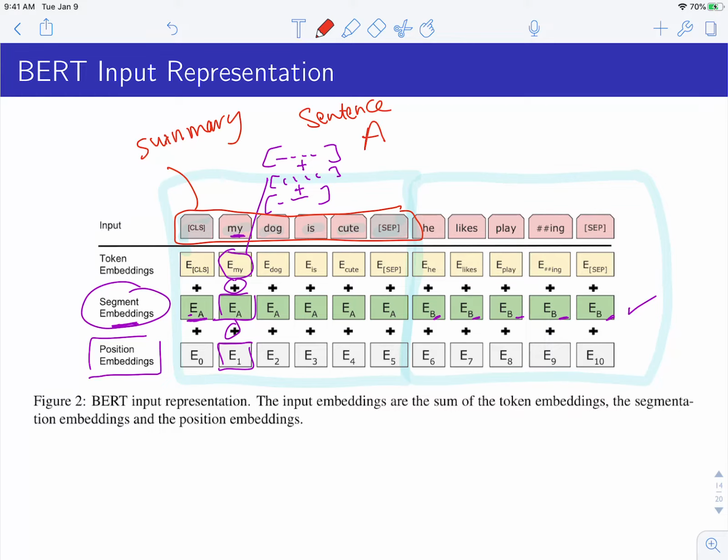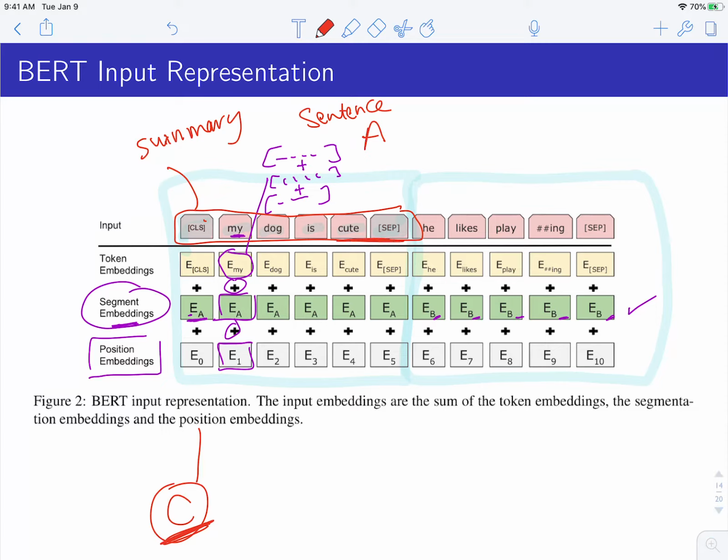This is what I called sentence A. Once we learn this CLS token, it gives us the C, which is the learned representation of the CLS token, an aggregate of the whole sentence.